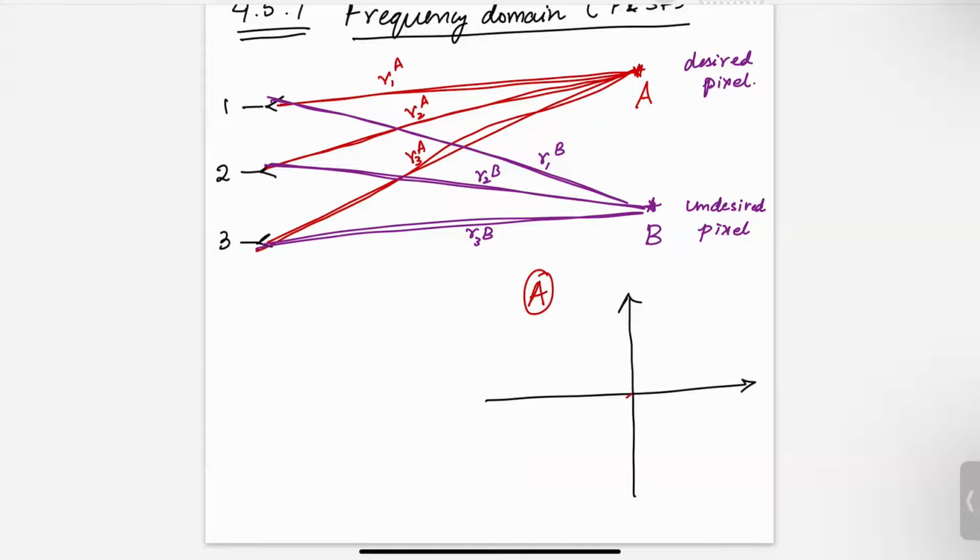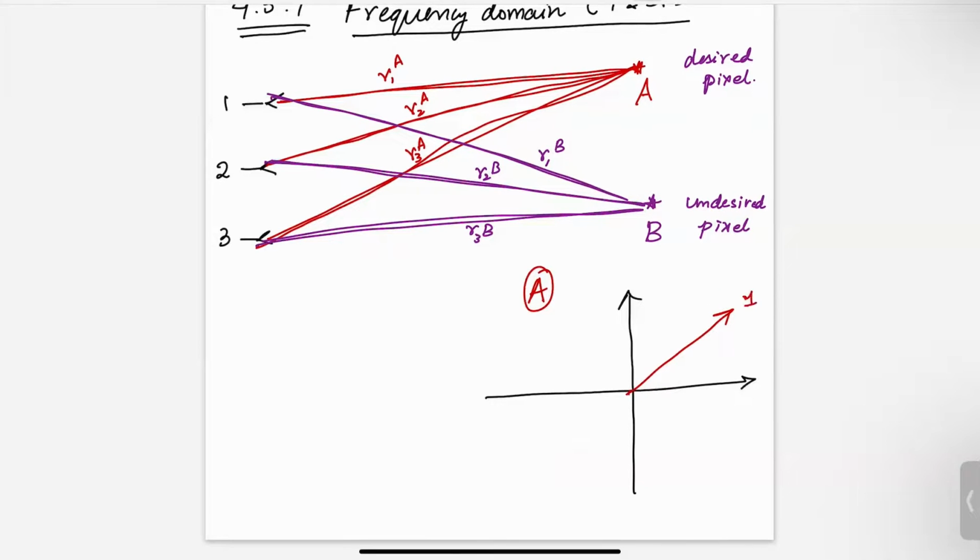Erase this and say, okay, it ends up here, right? So this is your element number 1. Now for element number 2, it may end up somewhere here, right? And then for element number 3, let's say it ends up somewhere here. Okay.